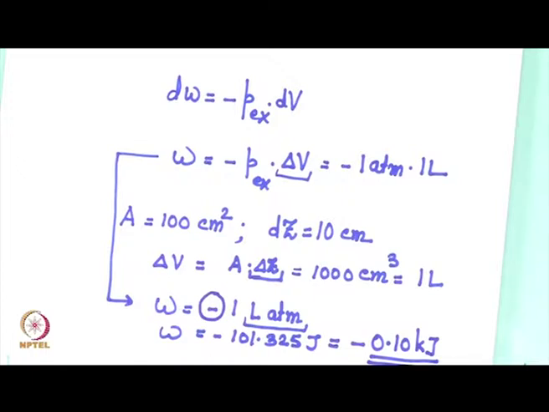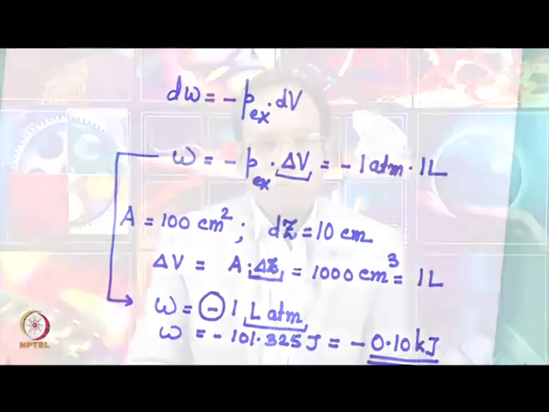Negative sign means, you remember the IUPAC signs and conventions, negative means something has left the system, and here the negative has to be interpreted in the sense that the work has been done by the gas, work has been done by the system, and this work is done to push back the piston into the surroundings.